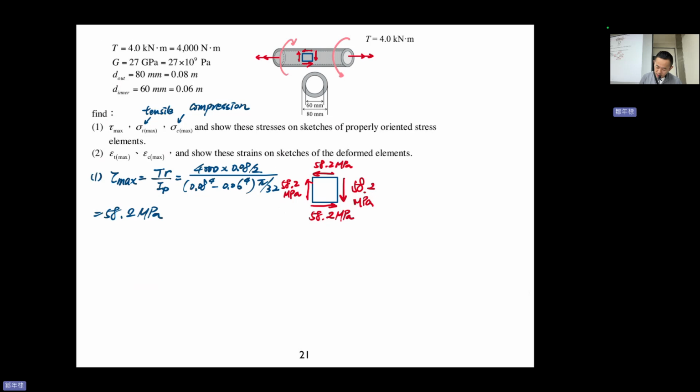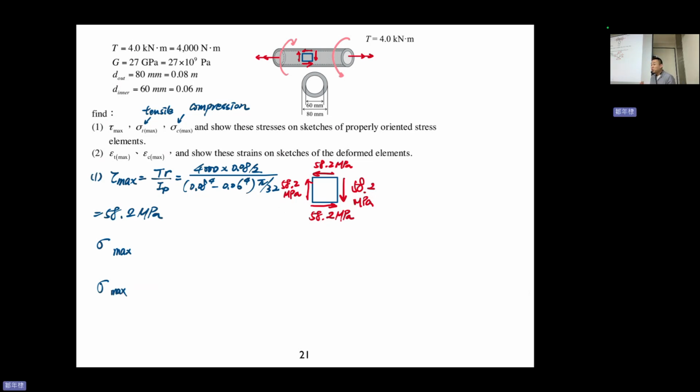Next, what is sigma C max? Sigma C max. Right. So actually, wait a minute. Let's take a look. Sigma C max or sigma T max.